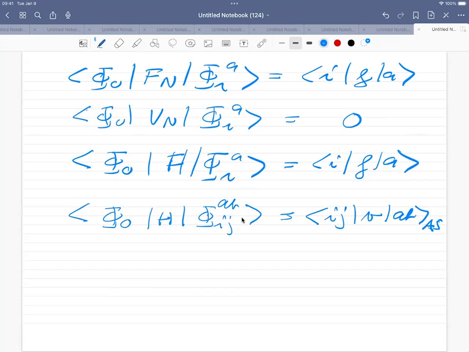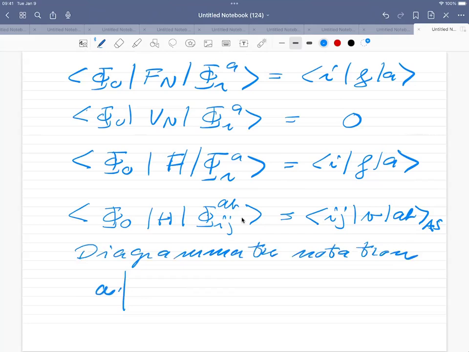Now, what we also did was to introduce a diagrammatic notation. For particle states, we would have an arrow which points up, and for hole states, an arrow which points down.